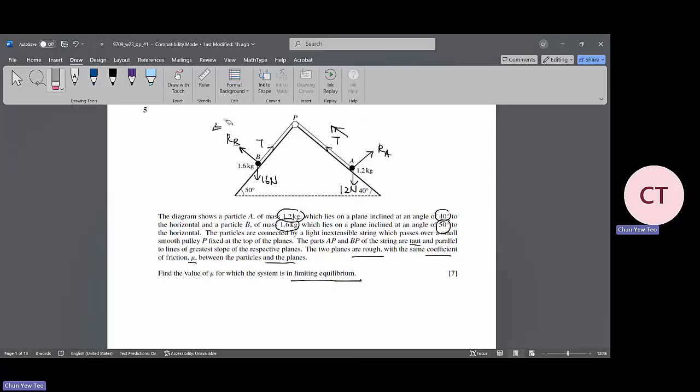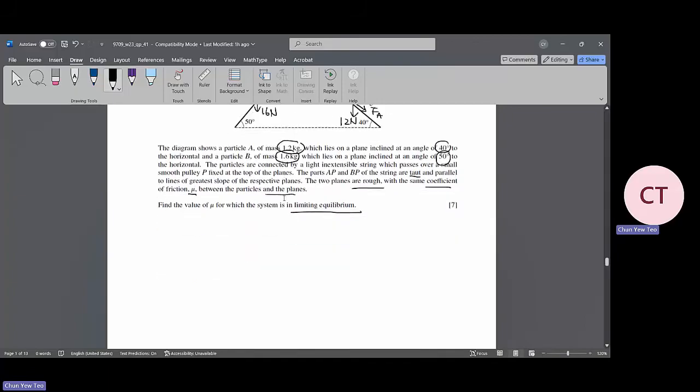So the heavier side, the frictional force, because it has a potential to go down, the frictional force will go up. This one, because it gets pulled by the string, since B is going down, then A has the potential to go up. That means your frictional force will go this way. So these are the forces for each of the particles.